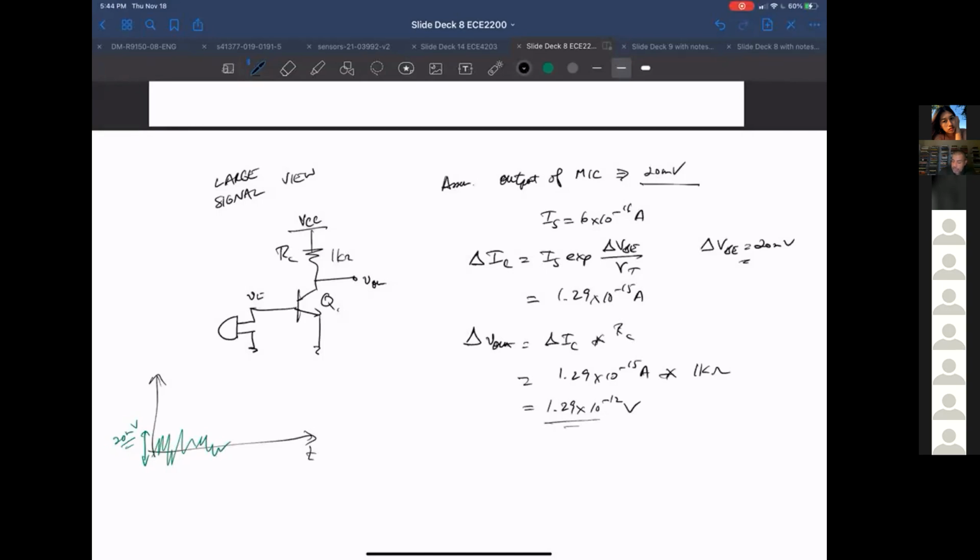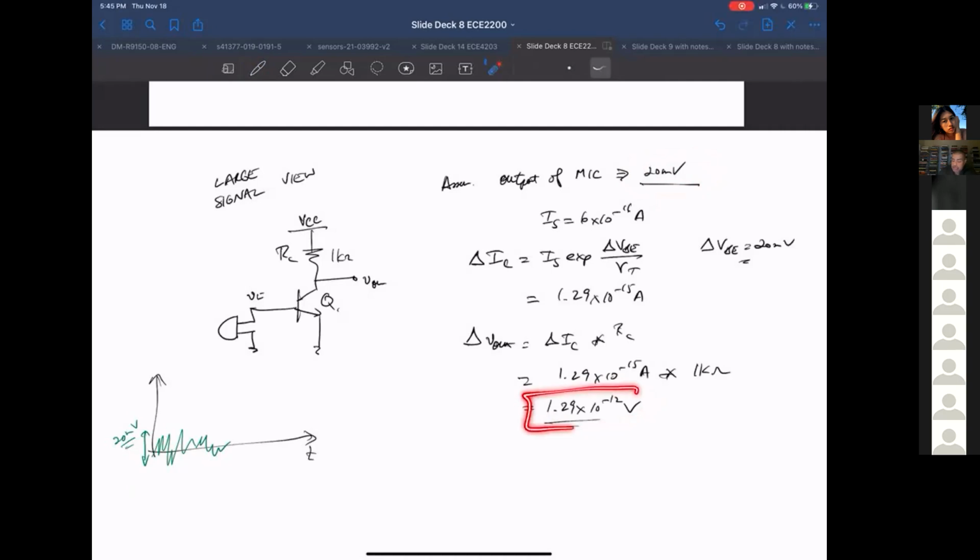So this thing is anything but gain, right? I gave it a 20 millivolt input, and my output is 1 times 10 to the minus 12 volts, which is basically 0.